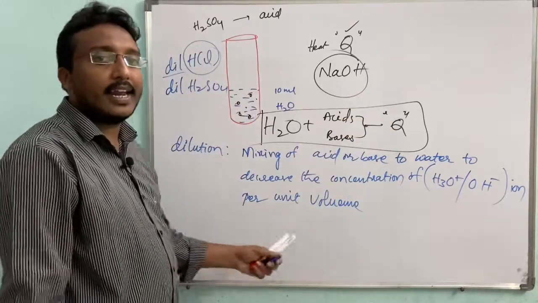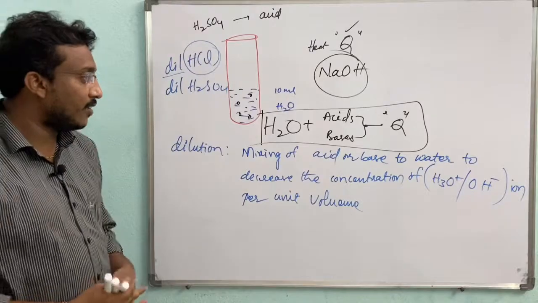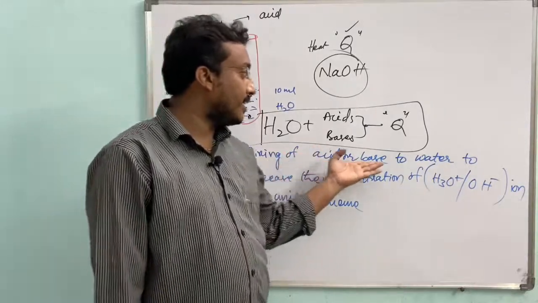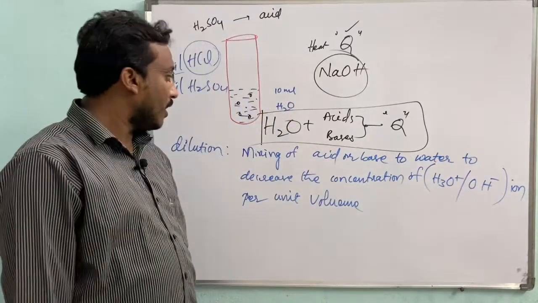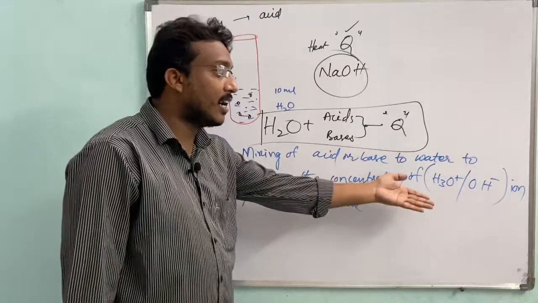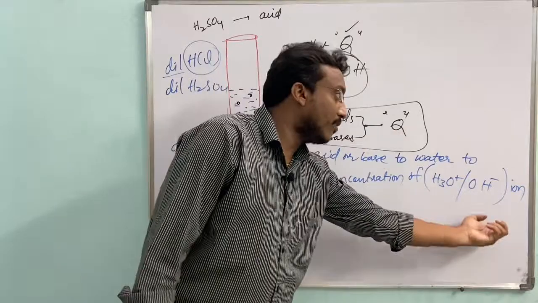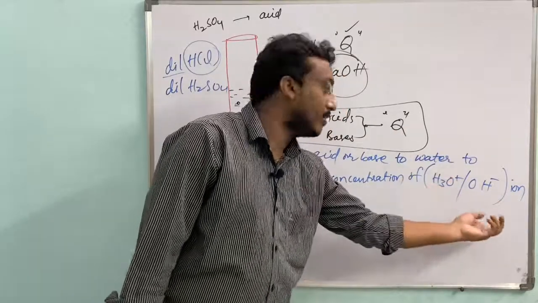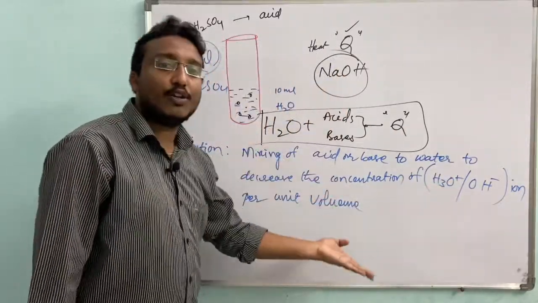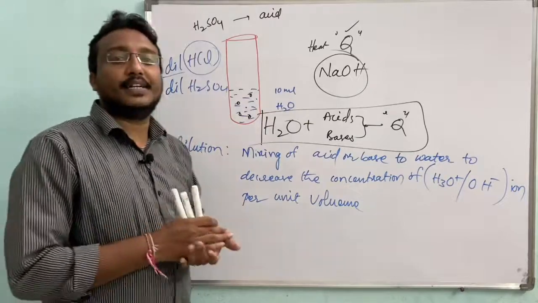Got it? What is dilution? Mixing of acid or base to water to decrease the concentration of H plus ions, or hydronium ions, or OH minus ions, that means hydroxide ions, per unit volume.